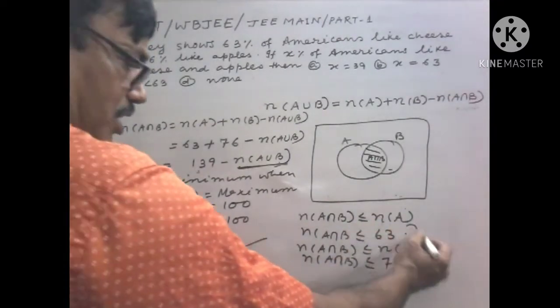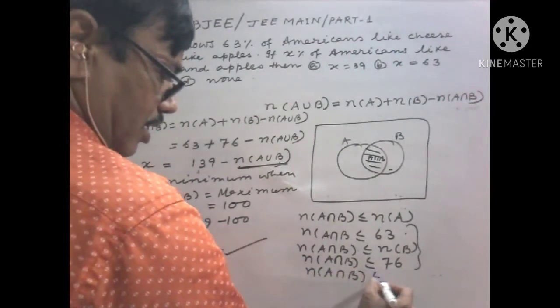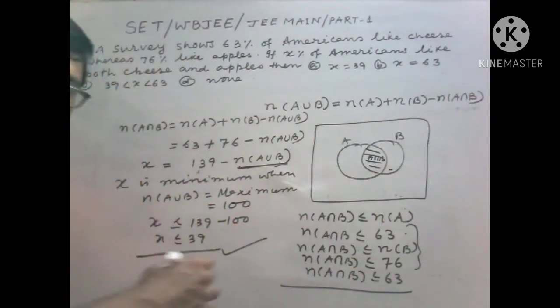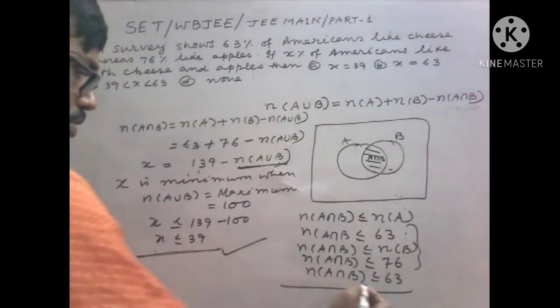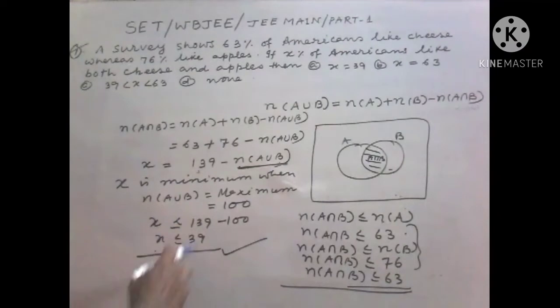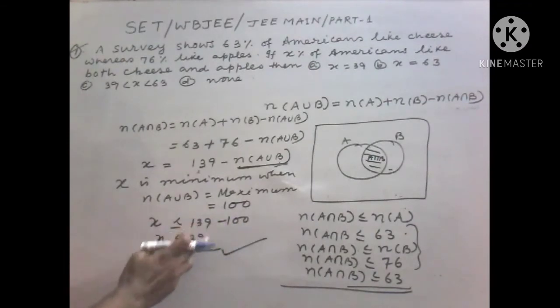So, what is the common value? n(A intersection B) is less than or equal to 63, and it is the maximum. So, look, when the union is 100, then x is 39.